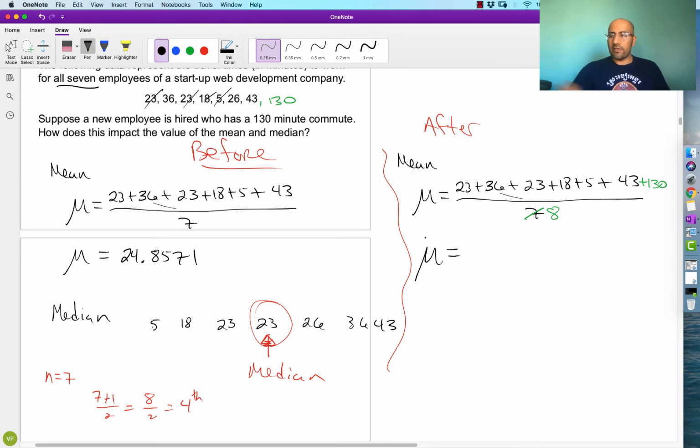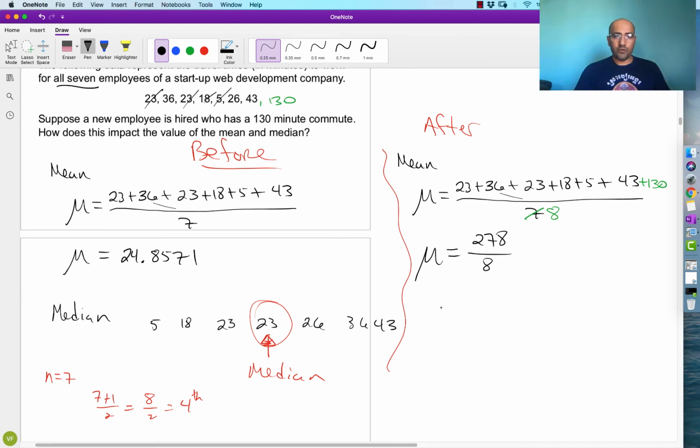So mu now equals 23 plus 36 plus 23 plus 18 plus 5 plus 43 plus 130, which is 278, divided by 8.